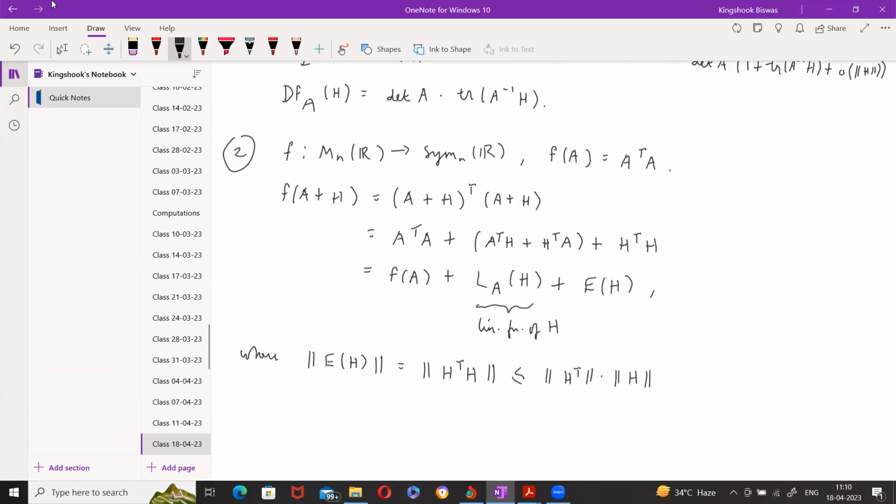And what is the operator norm of H transpose? Same as operator norm of H. Okay, so this is little o of norm H. So one question, why is the operator norm of H transpose equal to the operator norm of H?